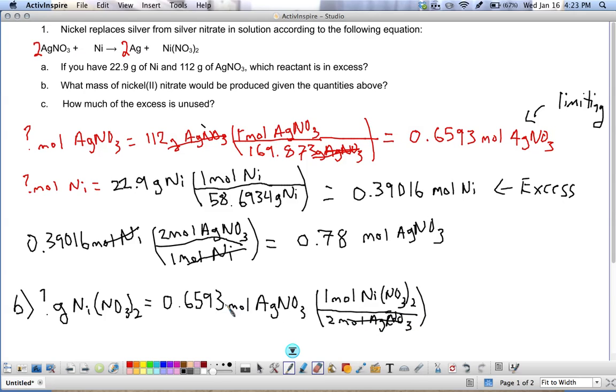Moles of silver nitrate go away, and we're left with moles of nickel nitrate, which is not what we want. So now we have to multiply by the molar mass, which is 182.703 grams nickel 2 nitrate, 1 mole nickel 2 nitrate.